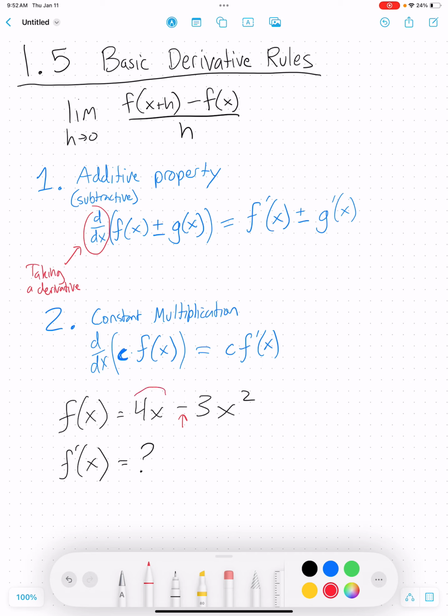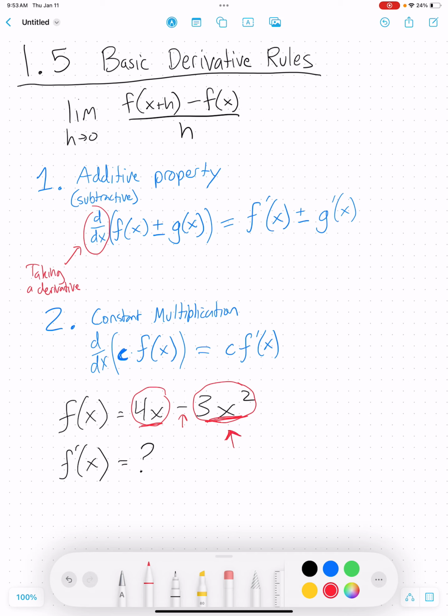That means I can just focus on this function, take the derivative of that function, and then focus on this function, take the derivative of that function, and then subtract the two together. And both of these functions are more simple than everything together.